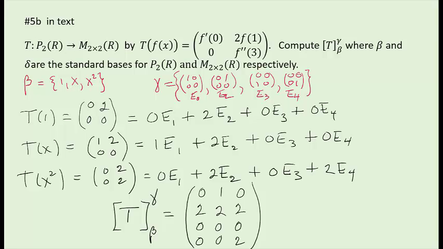So the first thing you do is write down your two ordered bases. You know your matrix is going to be a 4 by 3 because m is equal to 4, n is equal to 3. We did get a 4 by 3. You first find what the linear transformation does to the basis vectors in beta.